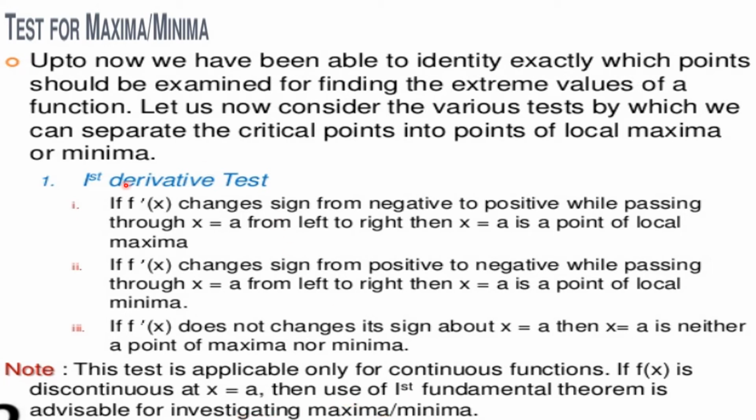If it is not a continuous function, we use the first fundamental theorem to test the maxima or minima. Understood this point, my children? It is advisable to apply the first fundamental theorem to check the maxima and minima. Okay, my children, understood this point?